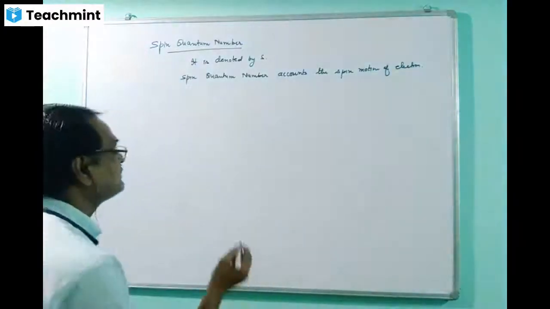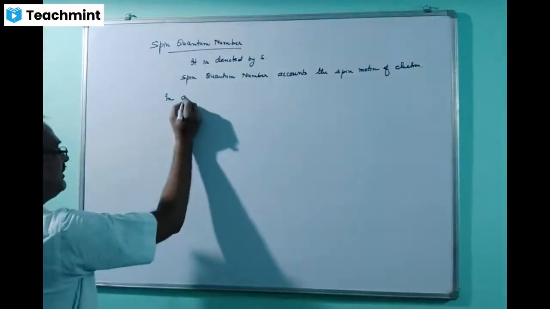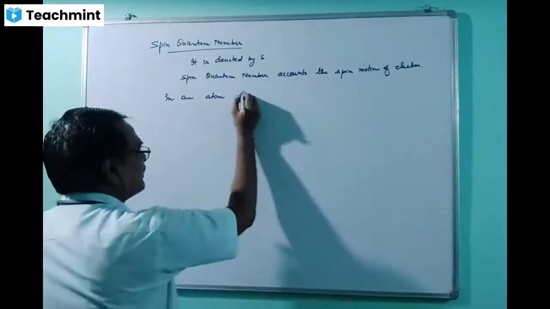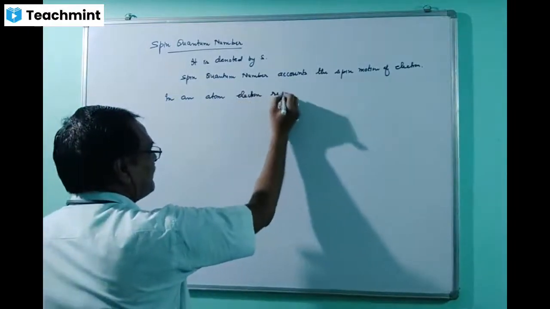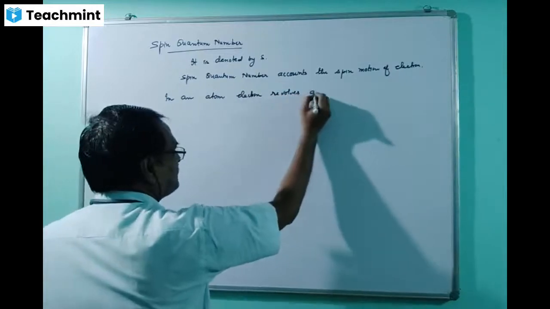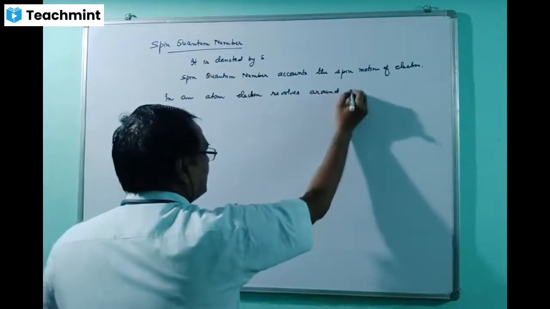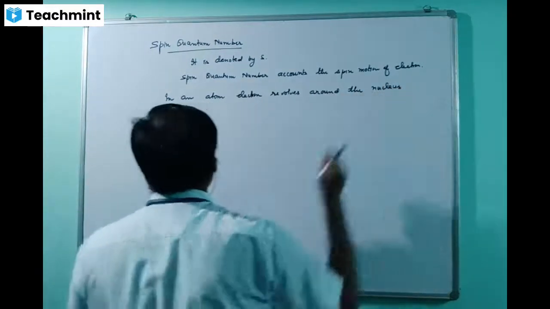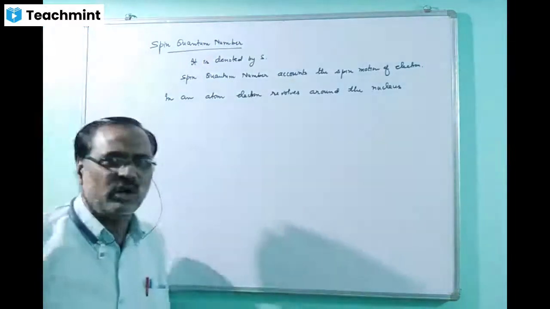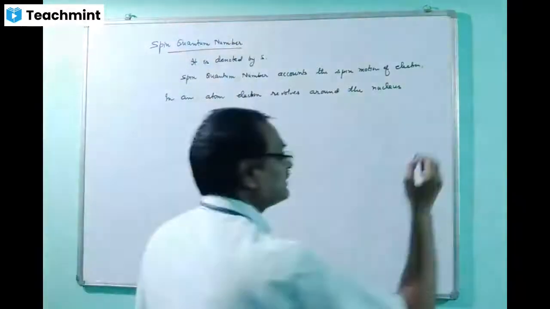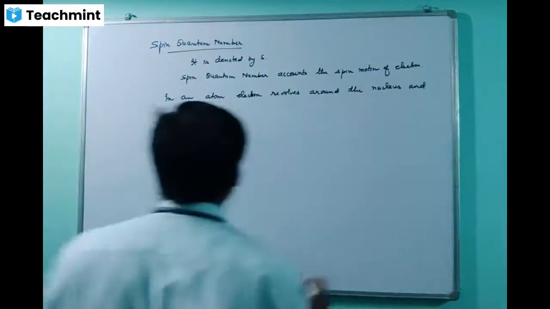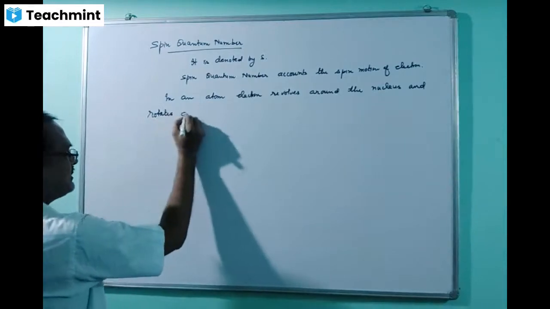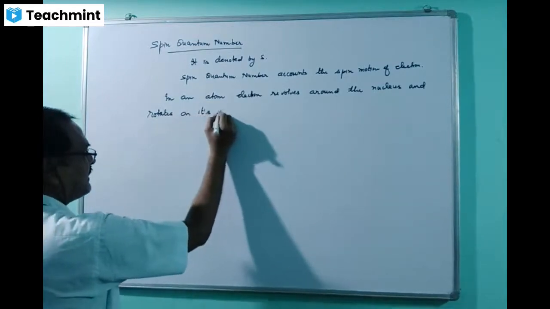So I am going to write: in an atom, electron revolves around the nucleus and rotates on its axis.